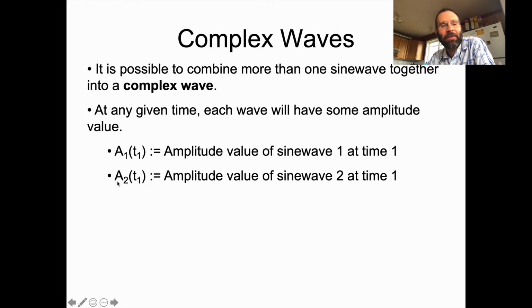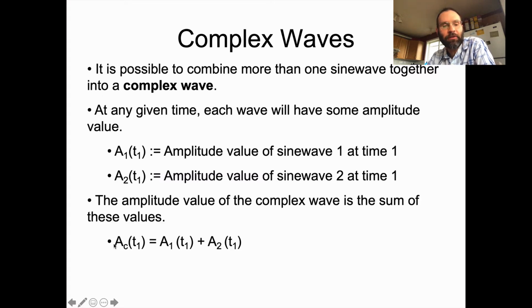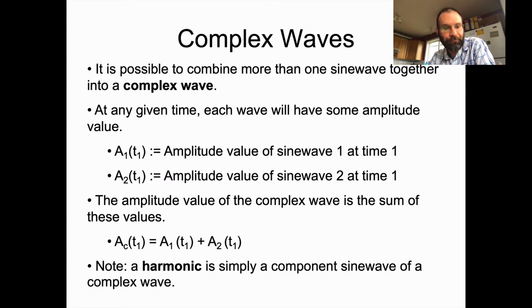We can look at the amplitude value of sine wave 2 at the same time, t sub 1, and then all we need to do to get the amplitude value of the complex wave is add those 2 amplitude values together. So if this was 0.2 and this is 0.4, the amplitude value of the complex wave would be 0.6, something like that. All you have to do to figure out what the complex wave looks like is add the values of the individual component sine waves together at every single point in time, going through the entire time scale of both waves.